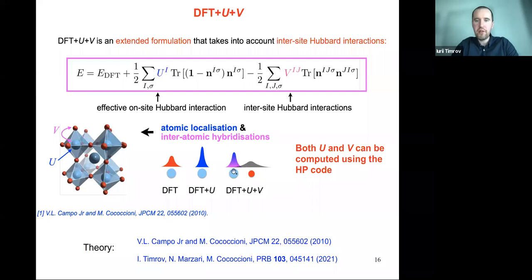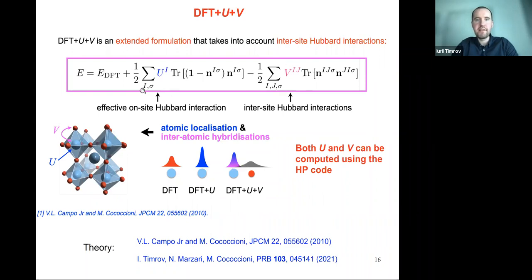But we also take into account the effect of ligands. Oh, this is not the right structure, but we know that there are oxygens around iron, and 2p electrons of oxygen interact with 3d electrons of iron. So we take into account those interactions and we correct them.